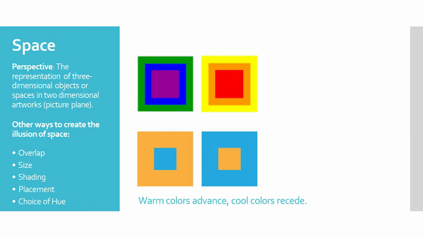And the last thing that can help create the illusion of space is using warm versus cool colors. Warm colors tend to advance, cool colors tend to recede. So if we're looking at the top left, you can just look at the top 2 and see how the different colors are competing for which one is going to be more prominent.